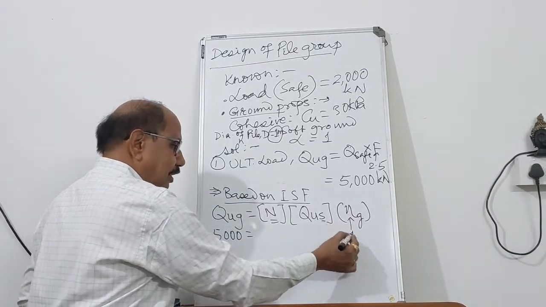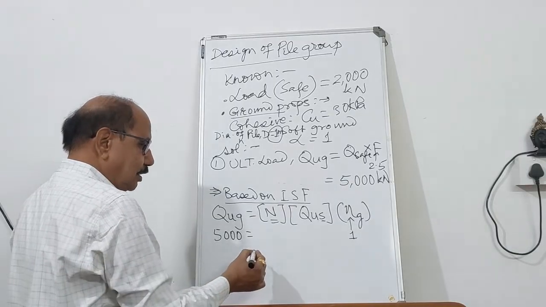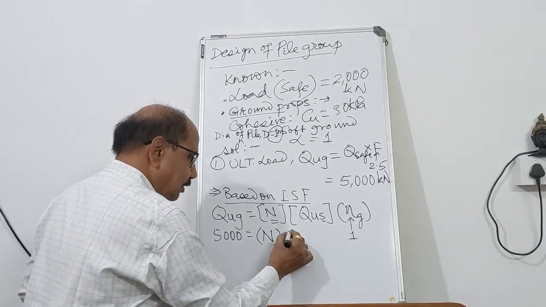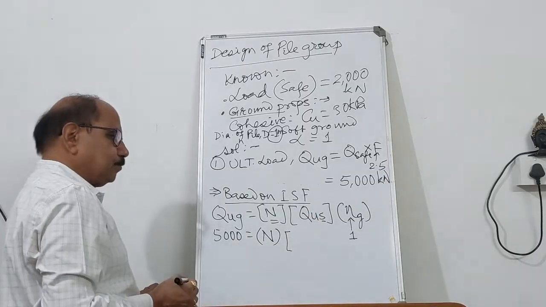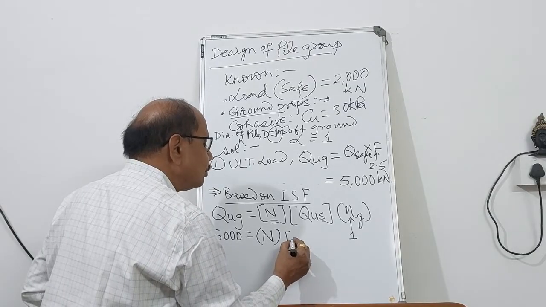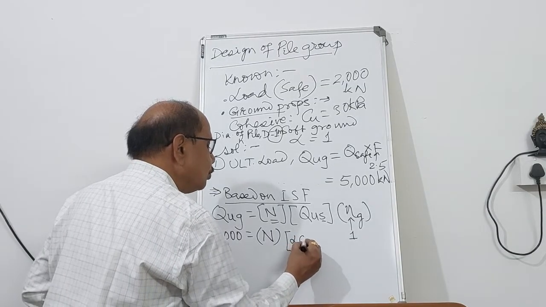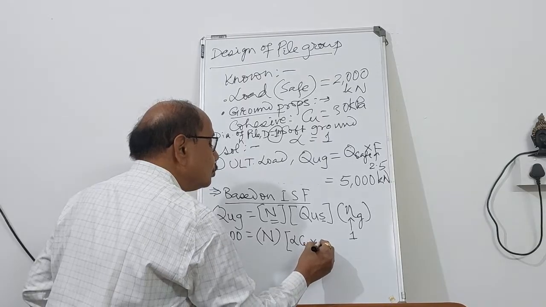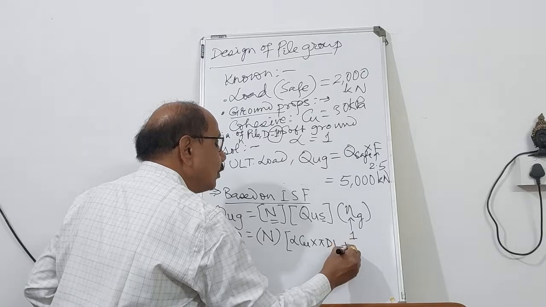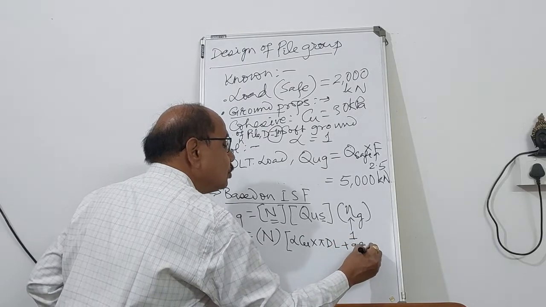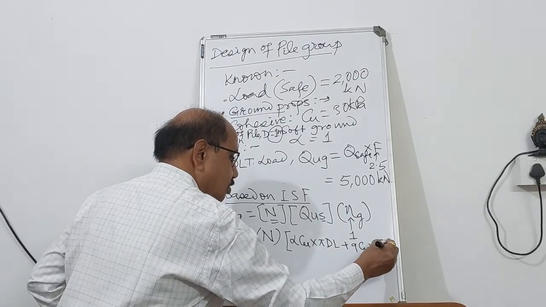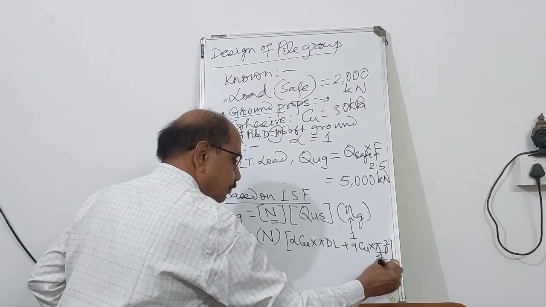So assuming eta G as 1, the number of piles can be calculated, and the ultimate load carrying capacity of a single pile, as you know, is going to be alpha times Cu into pi d l plus 9 times Cu into pi by 4 ds square into 1.